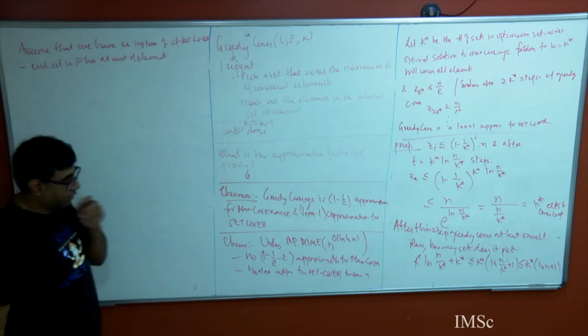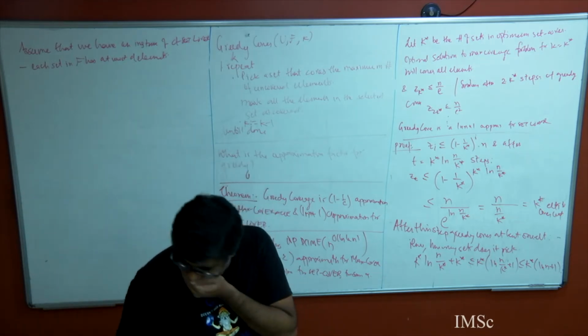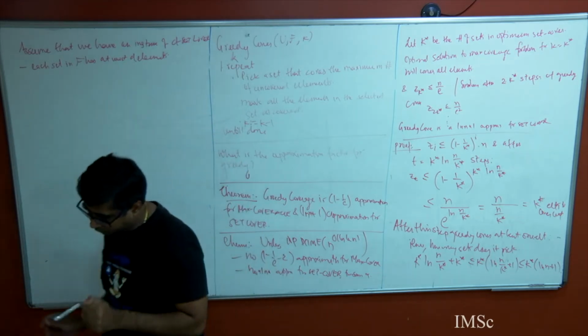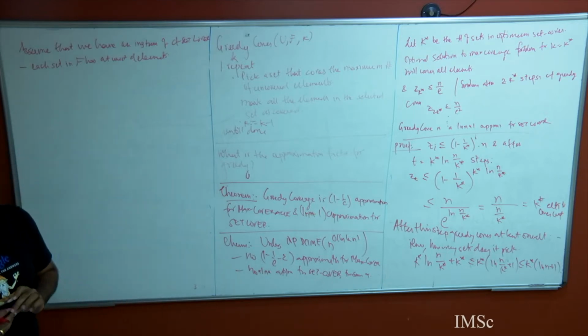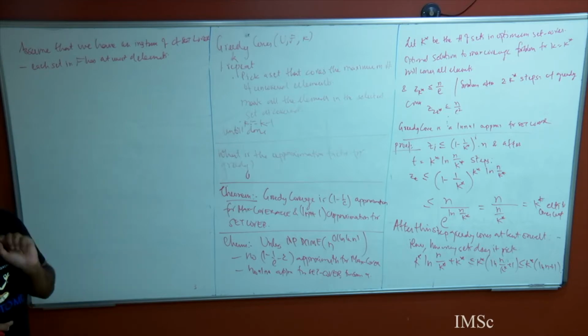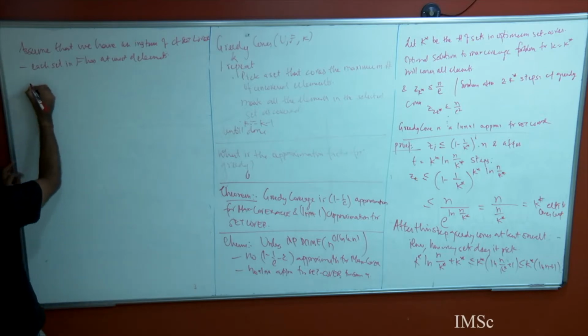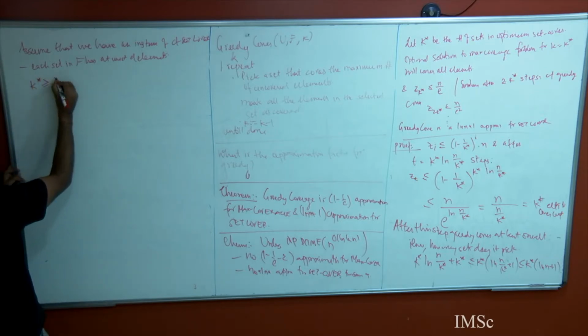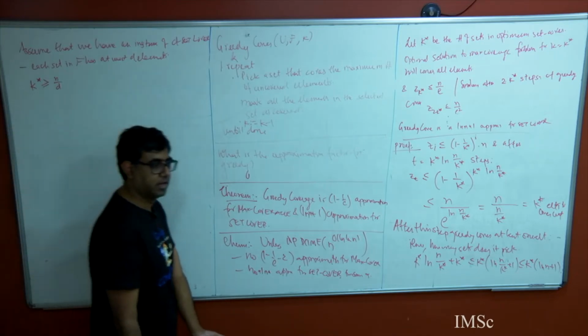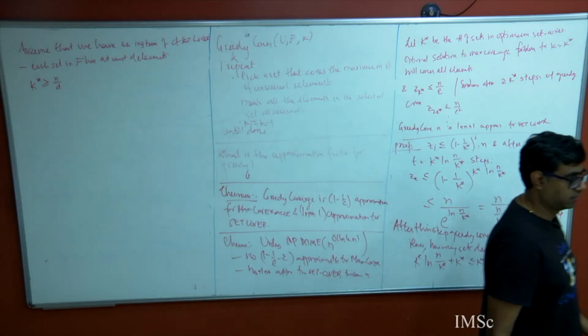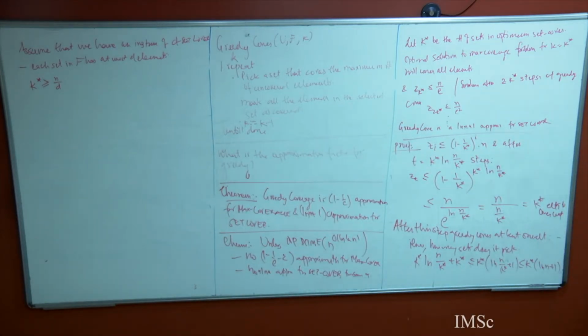So now let's look back at this approximation and do this analysis. What is here? k* is at least n over D. In this case, each set can cover only D elements, so you at least need n by D sets. So you have a lower bound on k*. Great. Now let's use the lower bound here.